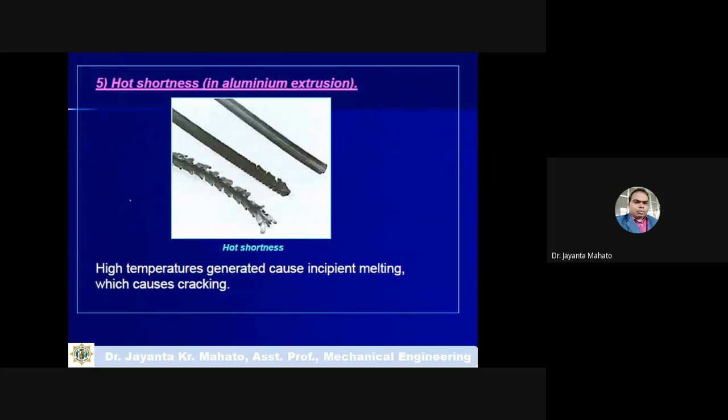This is actually a defect generated by high temperature. After getting extruded, this high temperature material suddenly cools down, and this hot softness type of defect may be caused. Okay, it's like this type of cracking.